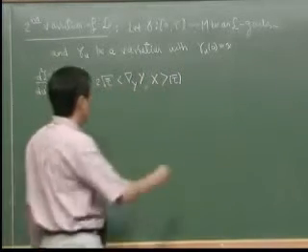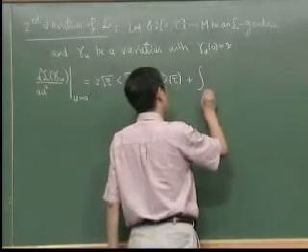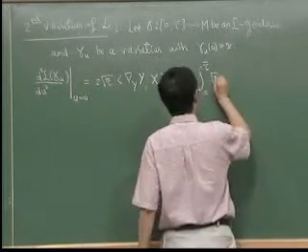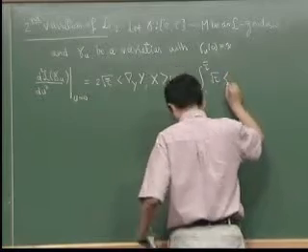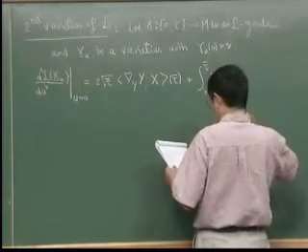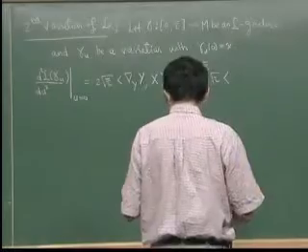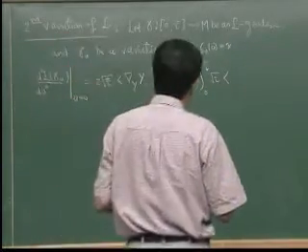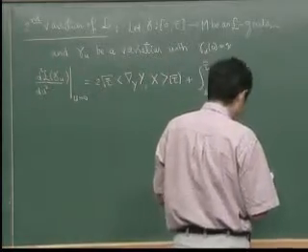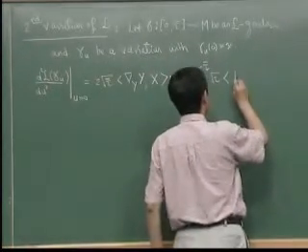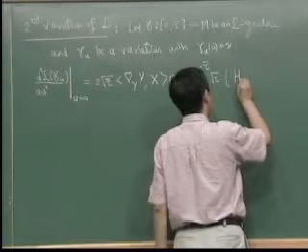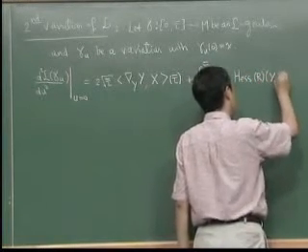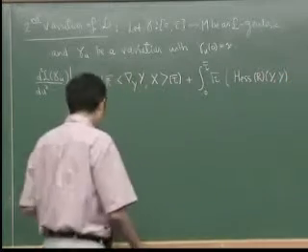And then plus 0 to tau bar of, so let me write down the things. So it's a Hessian of scalar curvature. Okay.